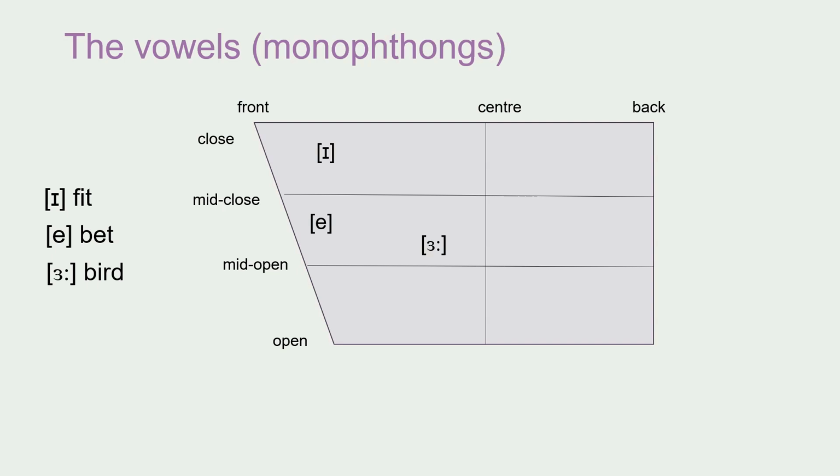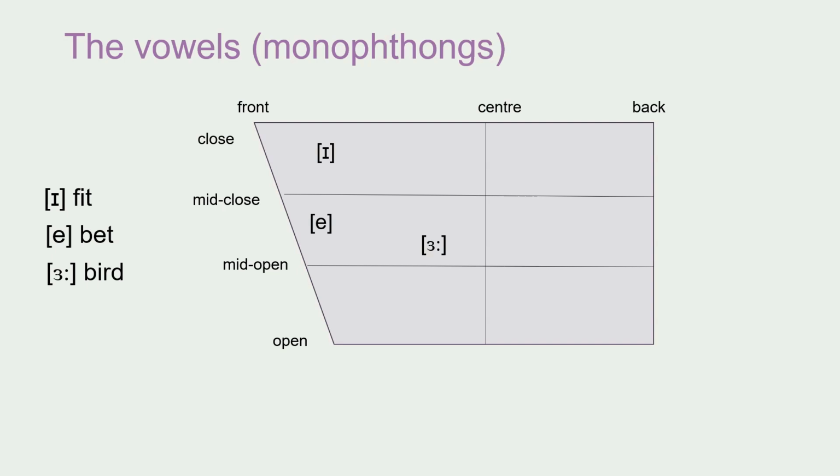Note also, it differs from both I and E in as much as it's a long vowel. It has length to it, as opposed to E, which is a short vowel. Length in the IPA is represented by these two dots that follow the vowel. So this is represented as a long vowel; I and E are both short vowels.